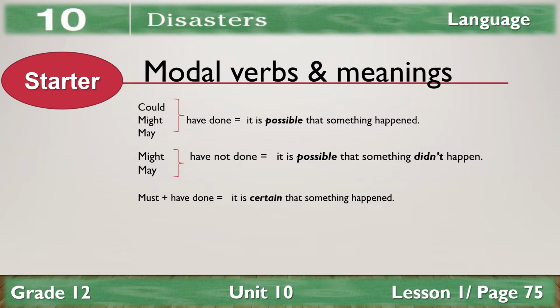Must have done means it is certain that something happened. And the last one, can't and couldn't have done means it's impossible that something happened.